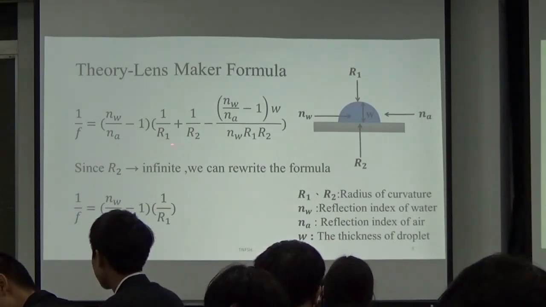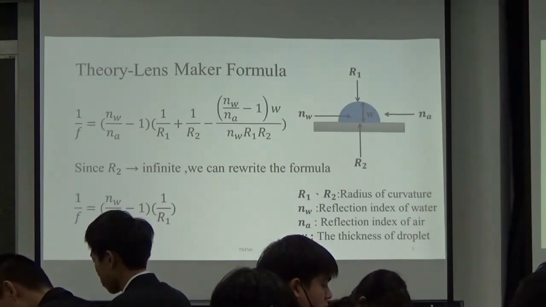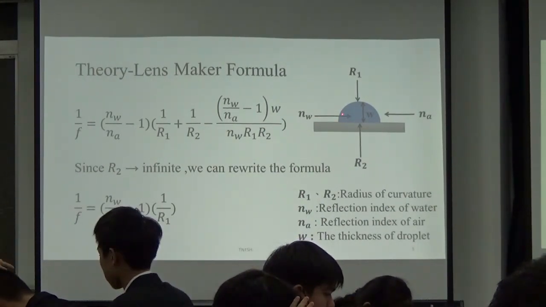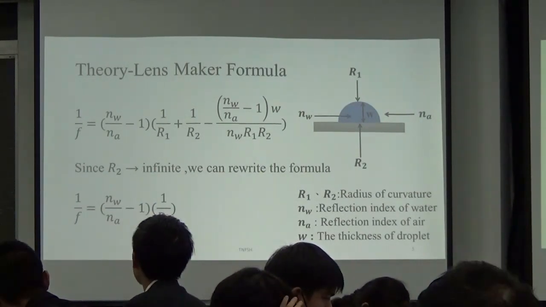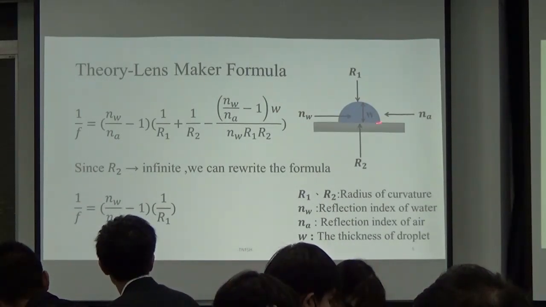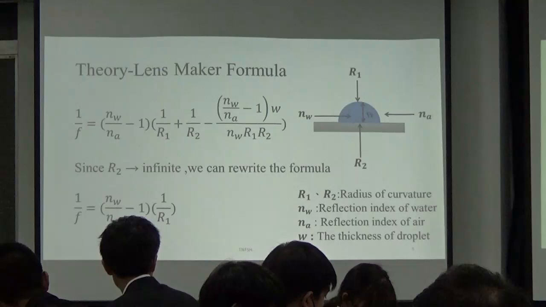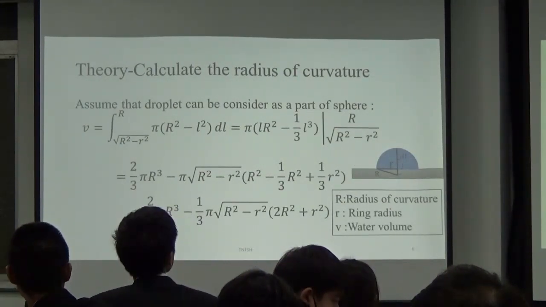It forms like this, and this is our schematic diagram. So I have a platform and I have a little droplet. Since R2 is going to infinity, because it's flat, we can rewrite our formula like this. Then we calculate the radius of curvature.